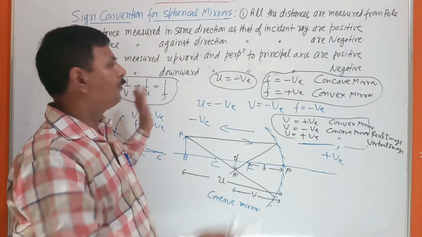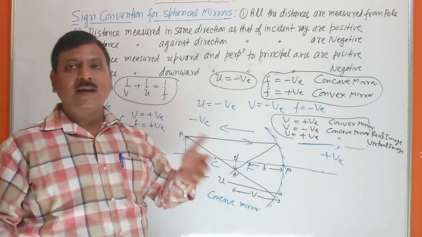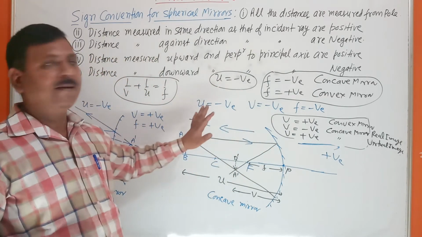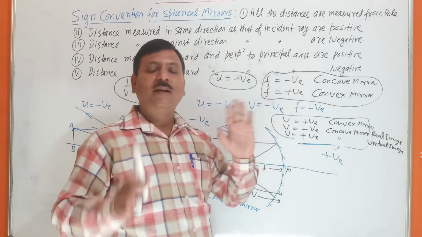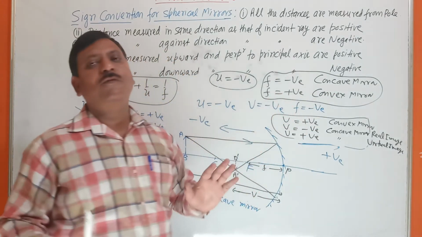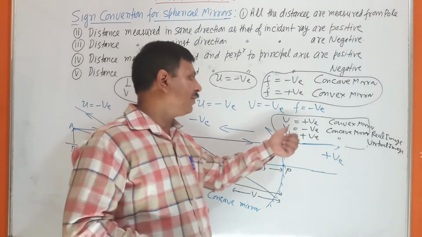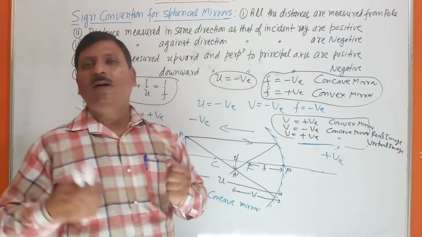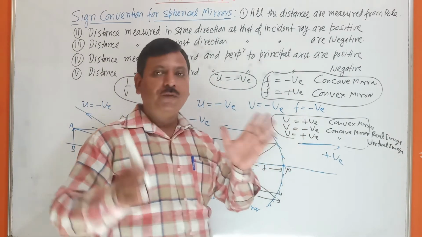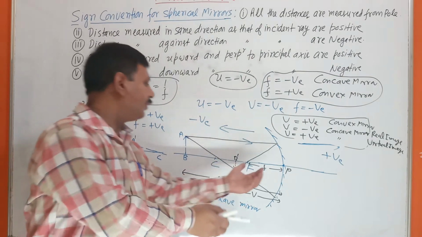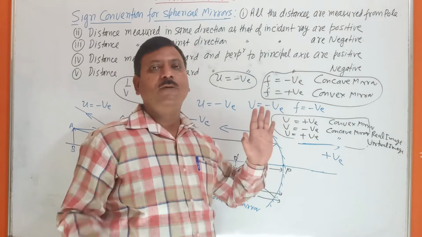So children, it should be very clear in your mind that u you will always take as negative in all cases. Focal length for a concave mirror you will take as negative, and for a convex mirror you will take positive. Image distance v for a convex mirror always comes positive. For a concave mirror, if a real image forms, the image will be towards the object, on the left hand side, so it will be negative.